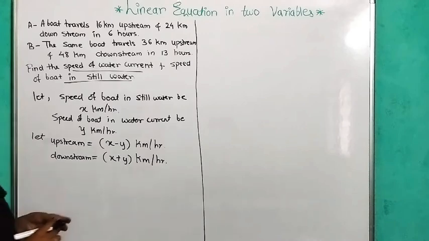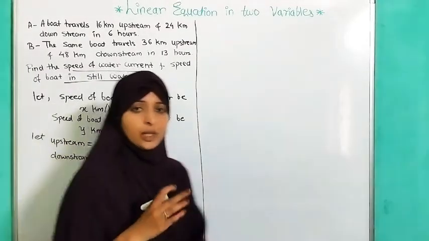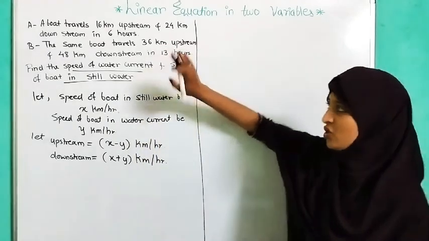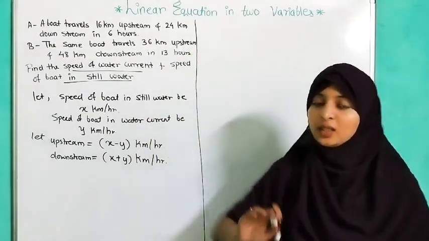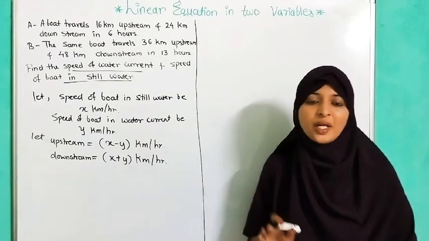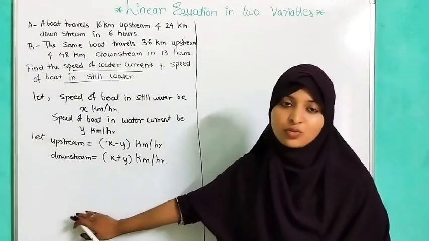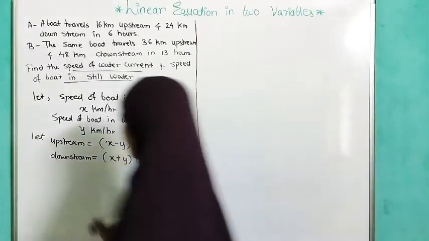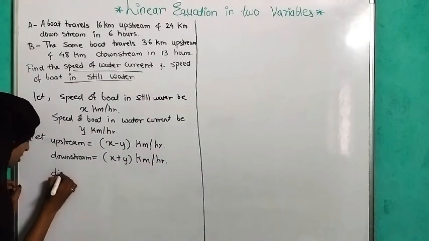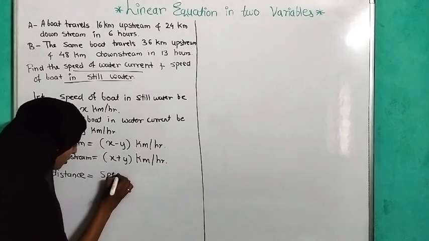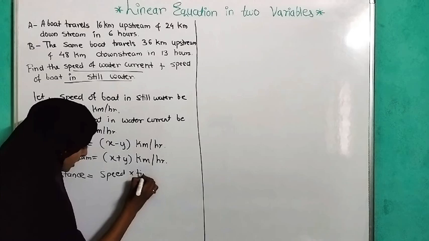But now see here, they have told us time and many things have been indicated in this question. So we know that distance is equal to speed into time.